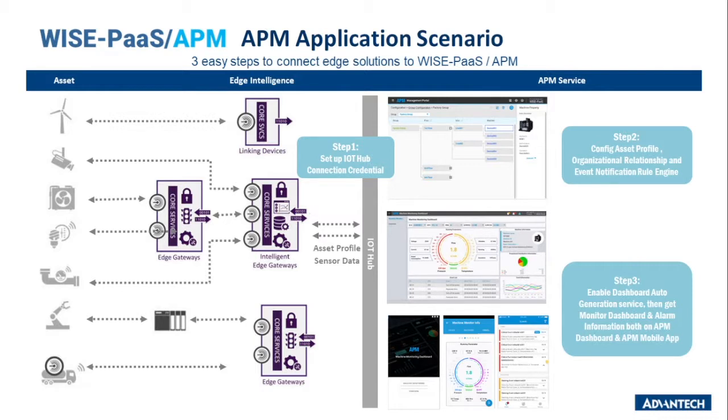And then step 3, once a device profile is created for the device inside APM, you will be able to find dashboards automatically generated for this particular device, and you can start seeing the data that is being collected by this device right away.